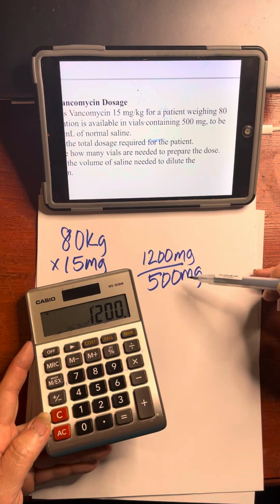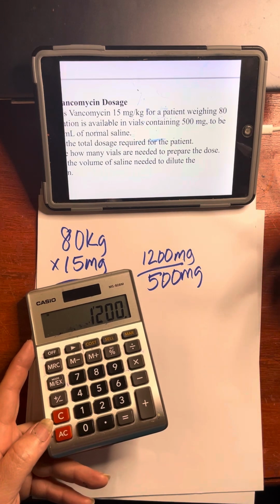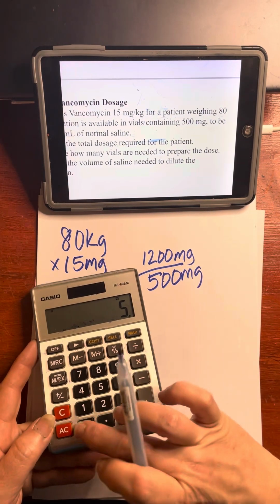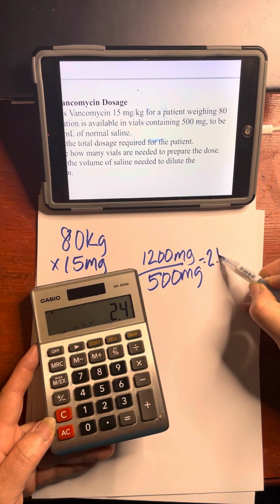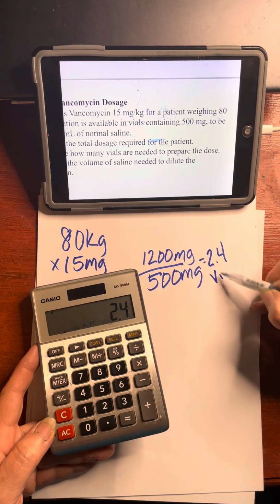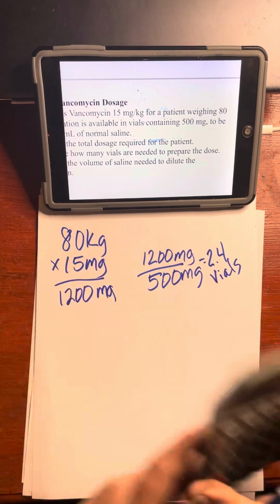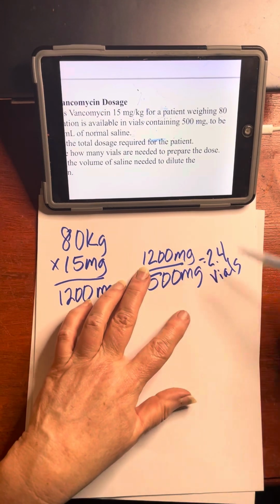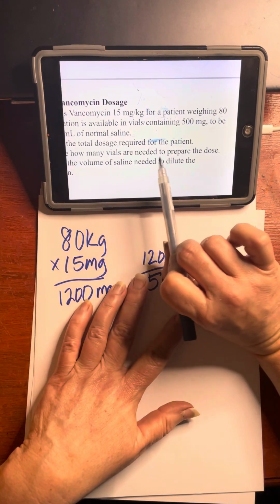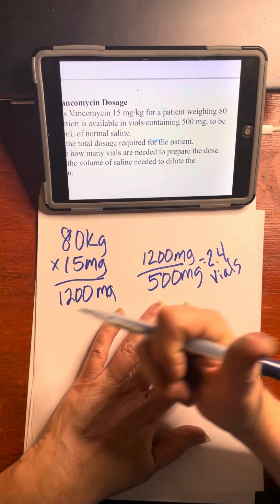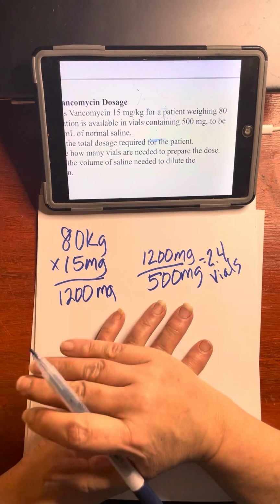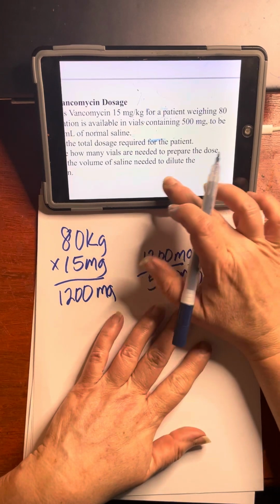I want to know how many 500s are in 1,200. Divided by 500 equals 2.4 vials that we're going to have to use to be able to give this to him. So how many vials are needed? 2.4 vials. You with me? I believe you are. Okay.